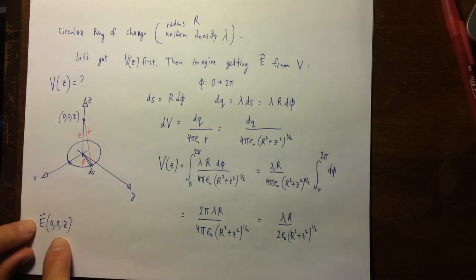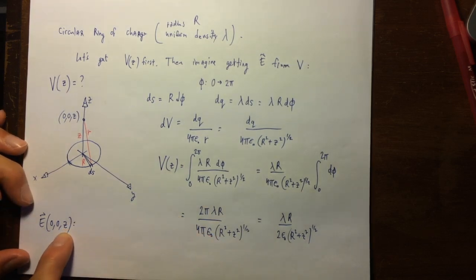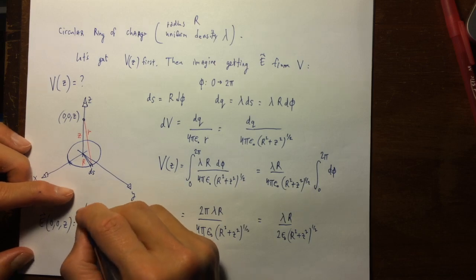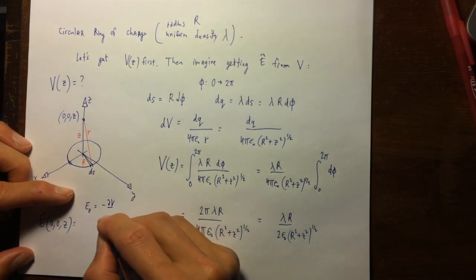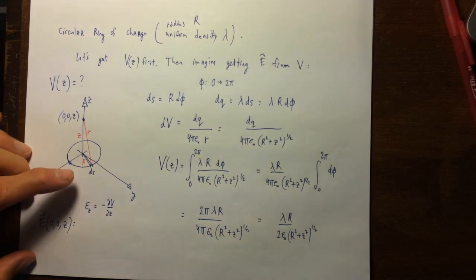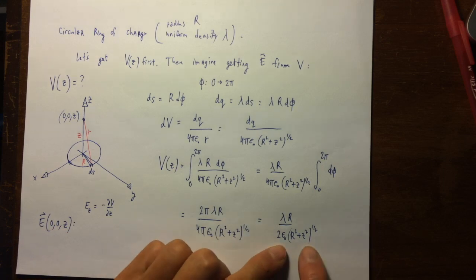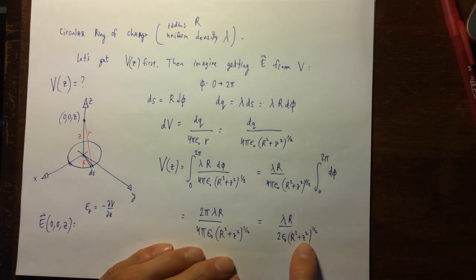But be really careful. So check this out. z is the easiest one. If you take the derivative with respect to z, you'll get E sub z is minus the partial with respect to z of the potential. So I know how z varies. It's down here with the square root of z squared business.